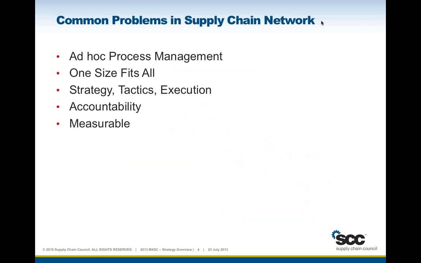So what are common problems in the supply chain process layer? Well, of course, one thing that we hear from companies a lot is that they have process management capabilities, but they are distributed unevenly through the organization, through the company.